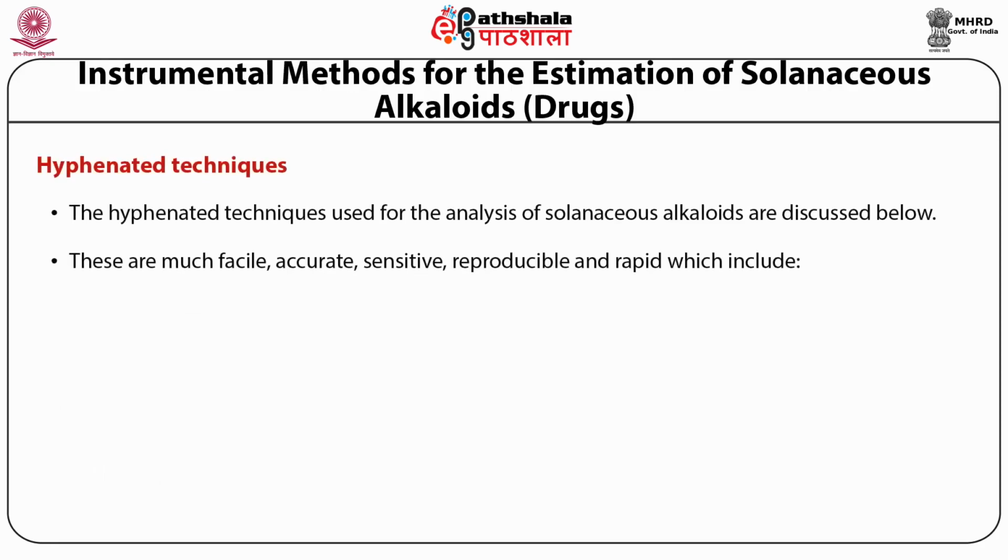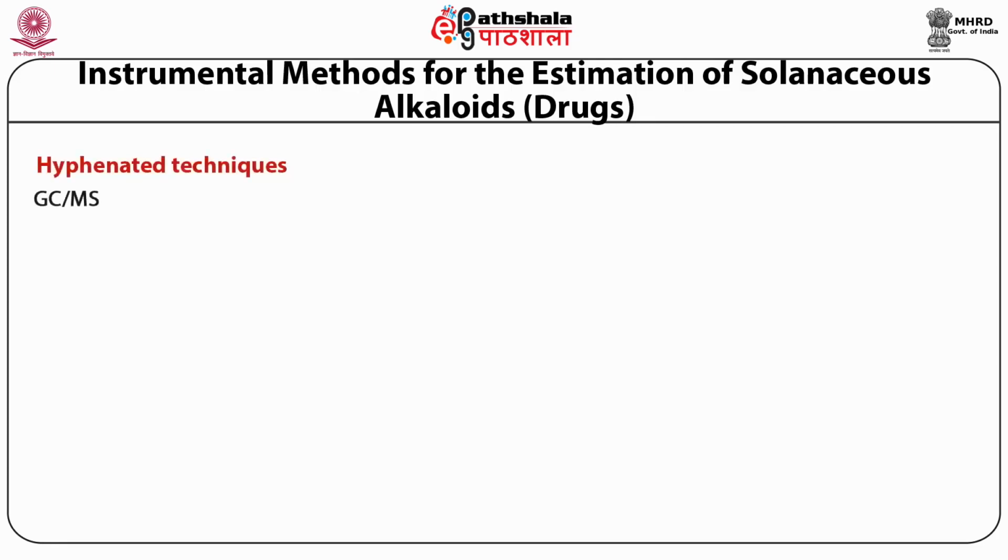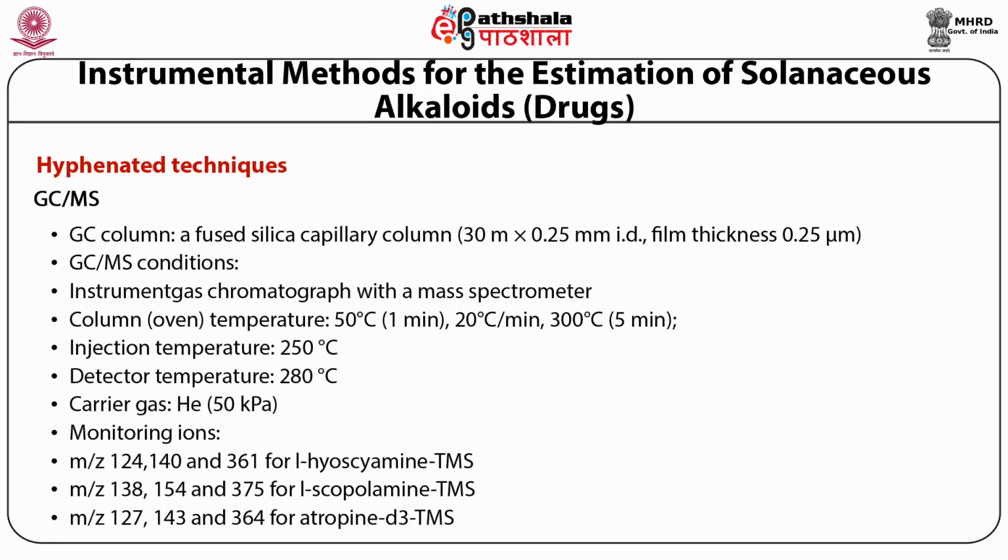Some hyphenated techniques that have been used for the analysis of solanaceous alkaloids are GCMS, LCMS and CEMS, capillary electrophoresis coupled with mass spectrometry. These are some of the important hyphenated techniques used for analysis of solanaceous alkaloids. Let's first discuss GCMS. It is a system which has a fused silica capillary column, a gas chromatographic system coupled with a mass spectrophotometer.